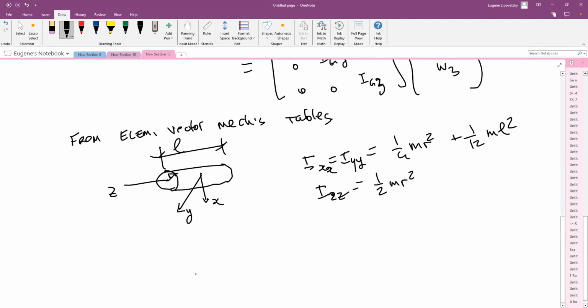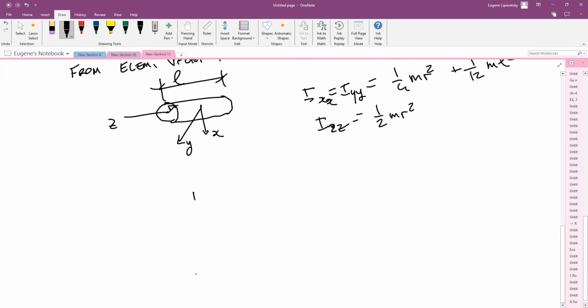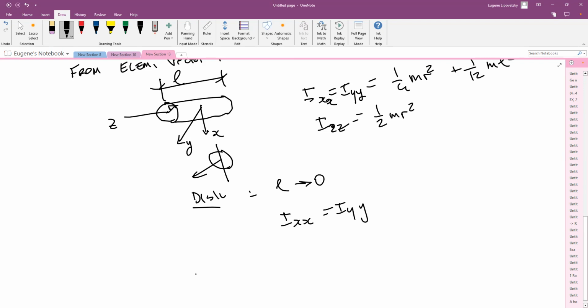When you have a disk, the L goes to 0. So we have Ixx equals Iyy equals 1/4 of mr squared. And Izz equals 1/2 of mr squared.